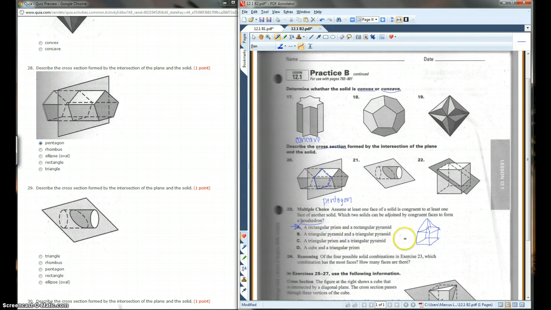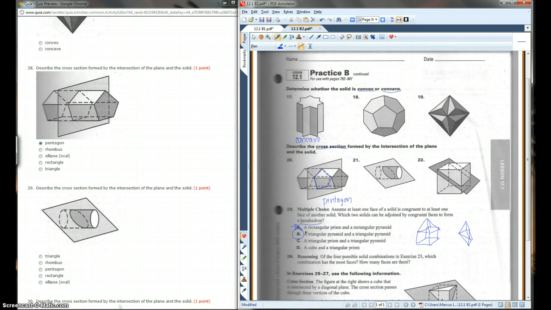A triangular pyramid and a triangular pyramid. Triangular pyramid is going to have a triangular base, and then it's going to attach to another one. My drawing is really crude, but if you imagine a triangular pyramid attached to another triangular pyramid, each triangular pyramid has 3 sides, so together they're going to have 6 sides, which is what you're looking for in a hexahedron.